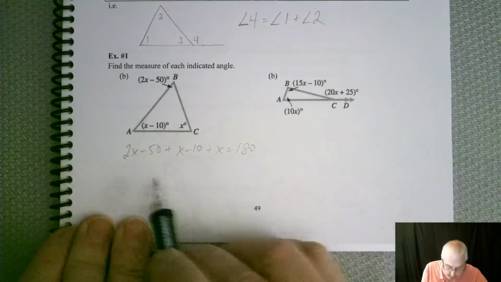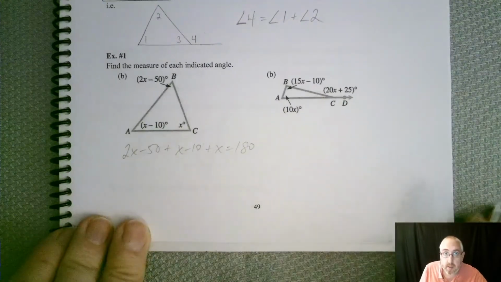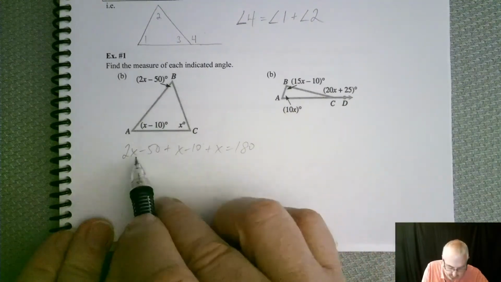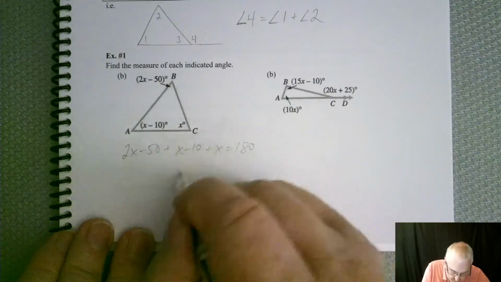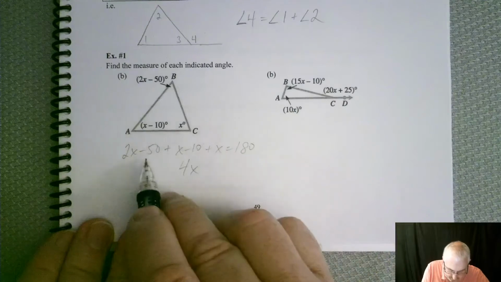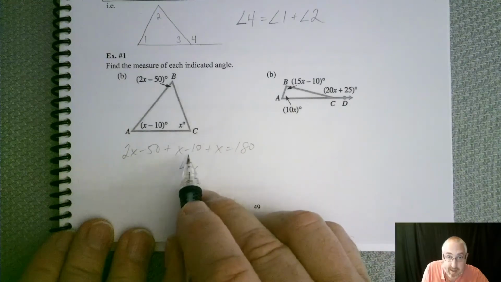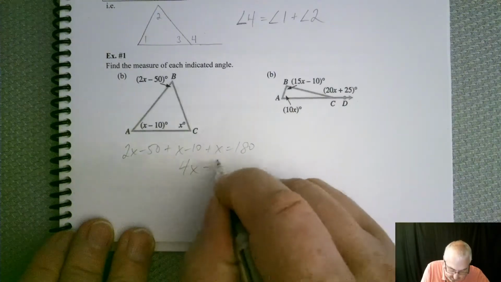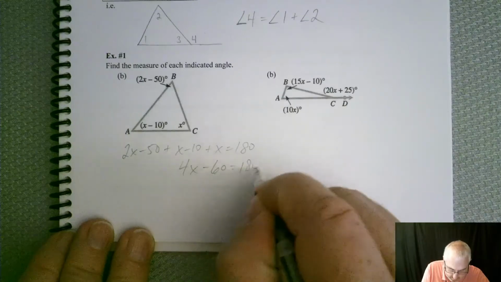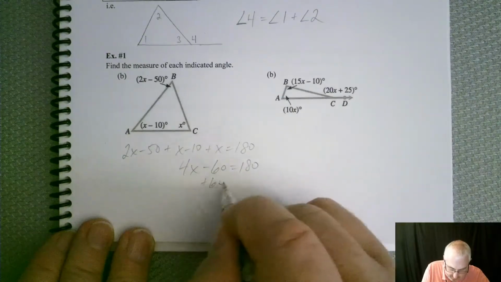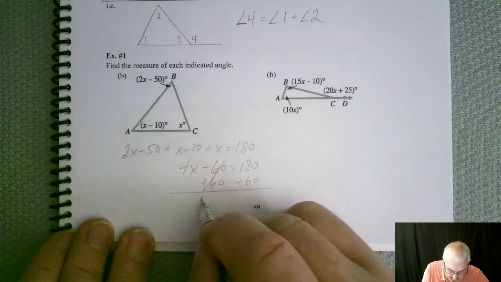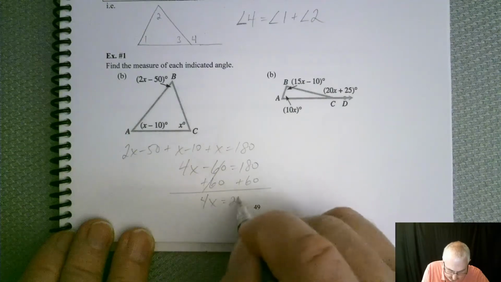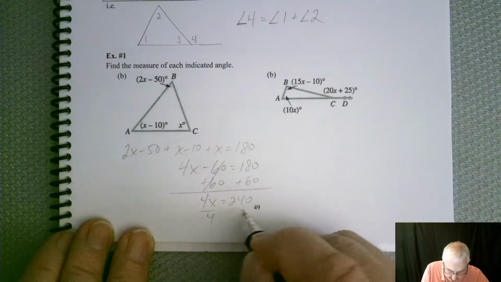Okay, so what are we going to do next? We've got to combine, right? So how many x's do we have? We have 2, 3, 4 of them. So 4x minus 50 minus 10 is going to be minus 60. Now we can add the 60 to both sides. So 4x equals 240, divided by 4.